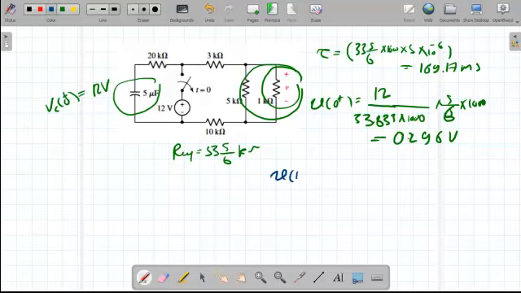Now the expression for V(t) becomes 0.296 e to the minus t over tau. Tau we have already found, it's 169.17 times 10 to the minus 3.